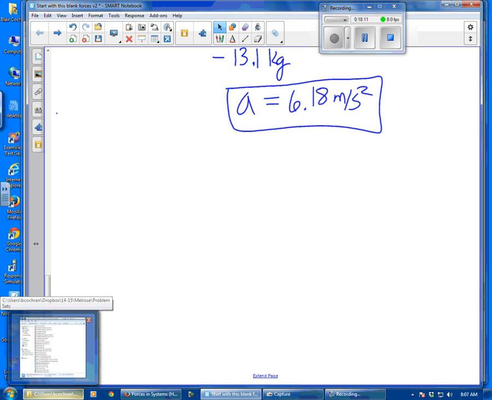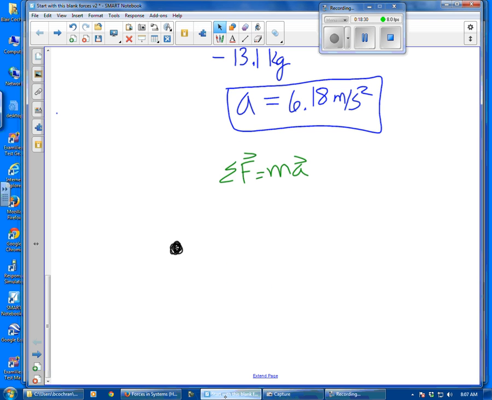I'm going to start with my equation. Draw my equation, otherwise known as a free body diagram. All right, so I have an inertia of 10 kilograms.